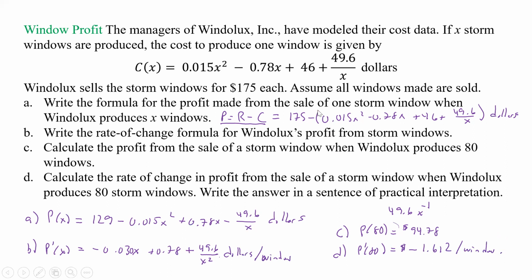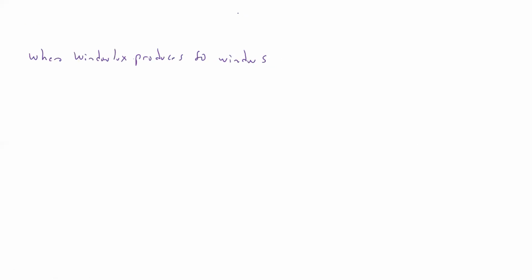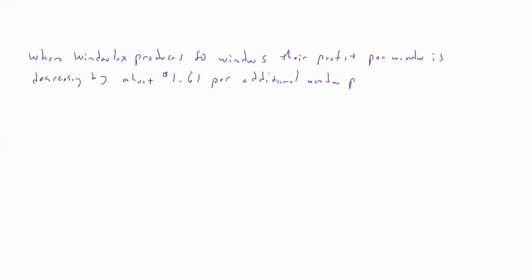Okay, so let's write that down. So when Windowlux produces 80 windows, their profit per window is decreasing by about, we'll put it in dollars and cents, $1.61 per additional window produced.